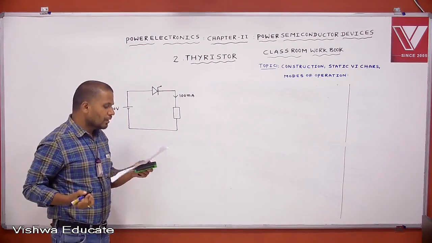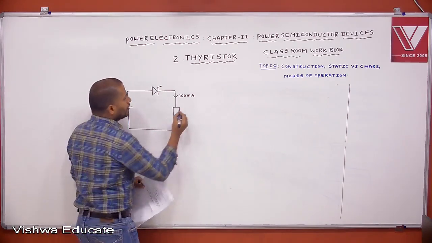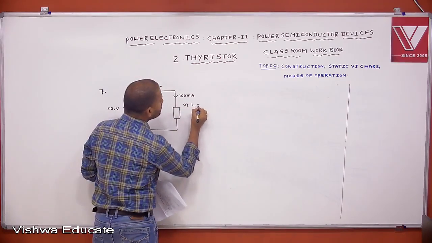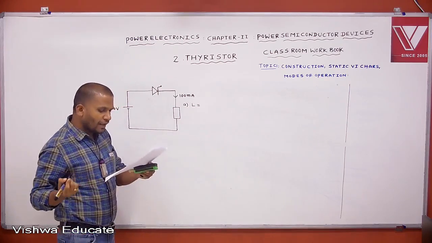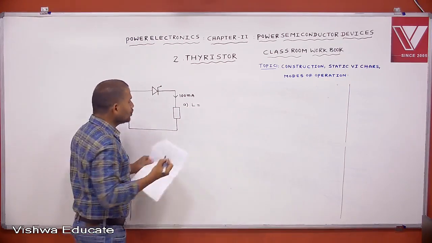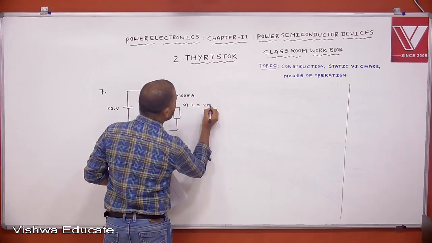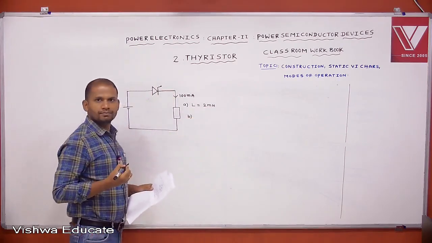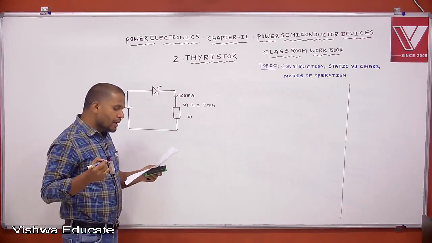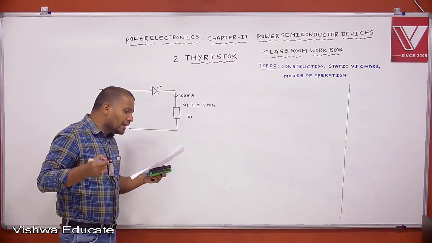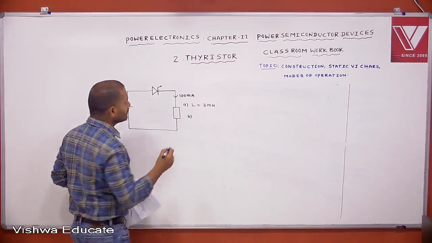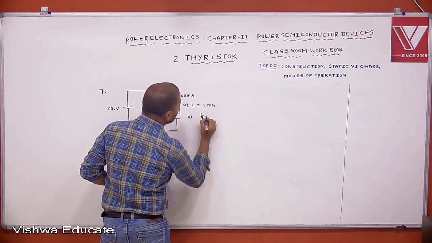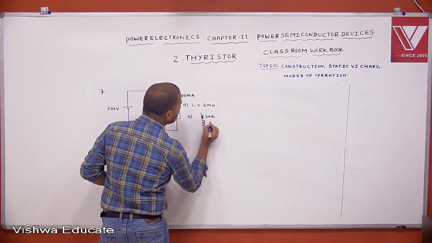In this load, the first case is L equal to 2 millihenry. The second problem is R equal to 20 ohms in series with L equal to 2 millihenry.